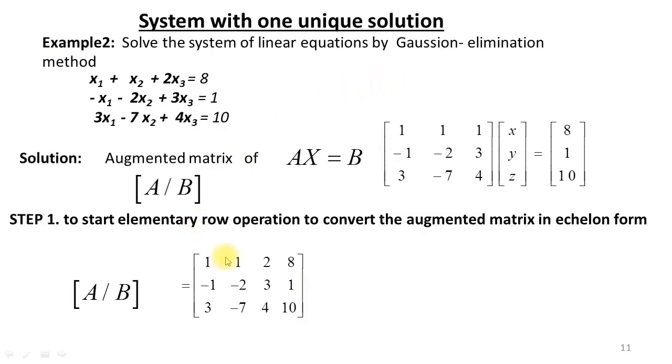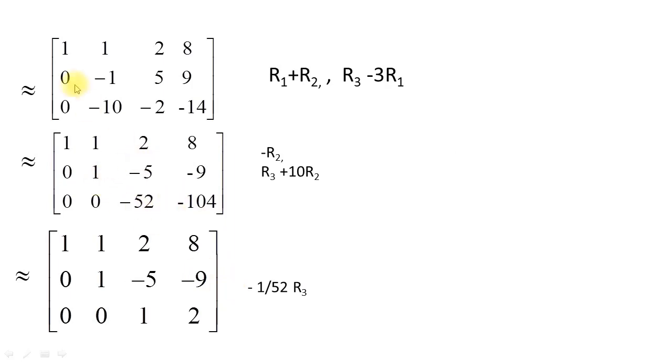We obtain this new similar matrix: 1 1 2 8, 0 minus 1 5 9, and 0 minus 10 minus 2 minus 14.